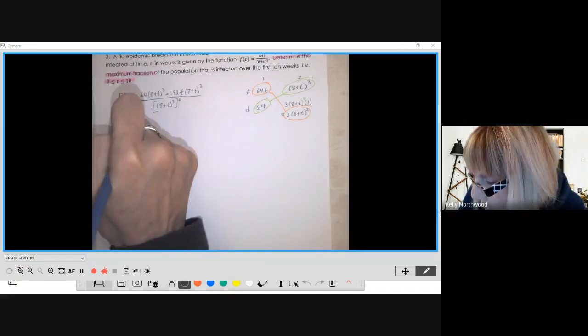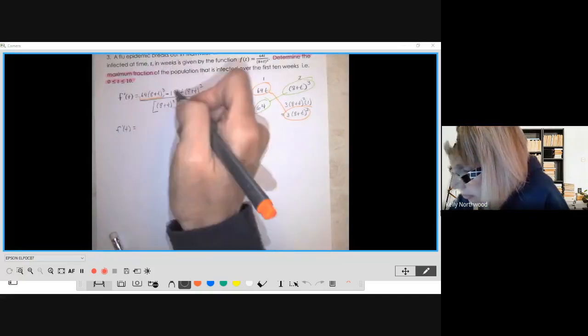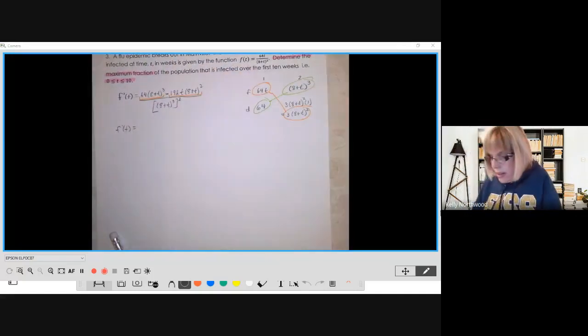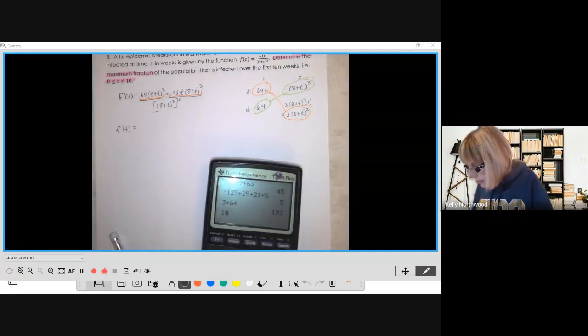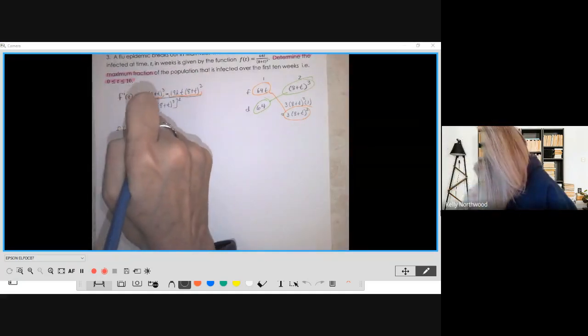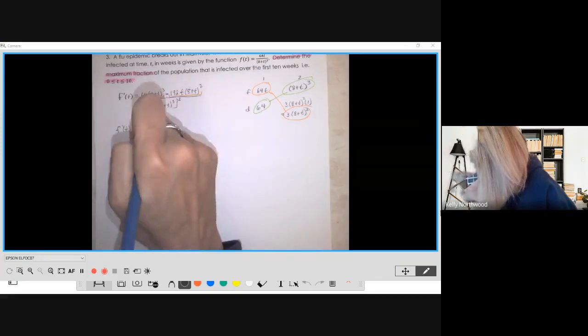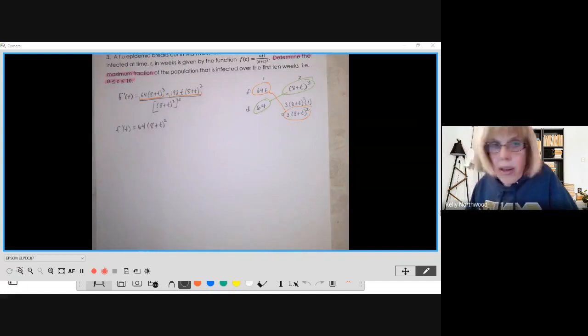So we want to look for our common factor. So 64 goes into 192, so 64 is going to be part. And 8 plus t to the power of 2, that's my common factor.